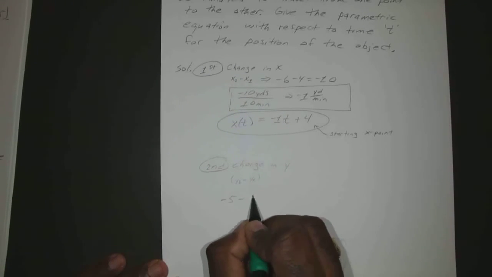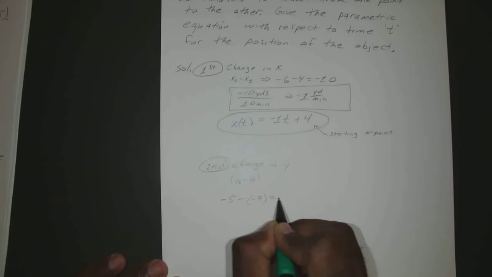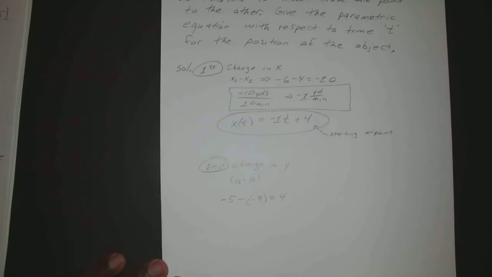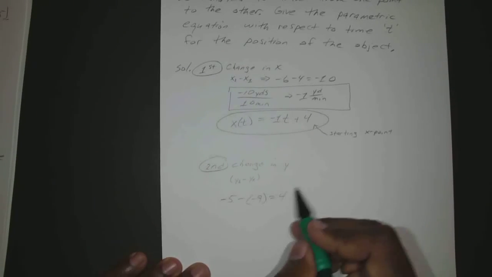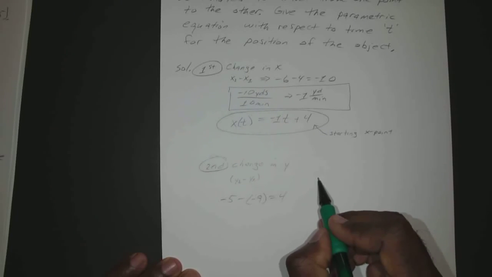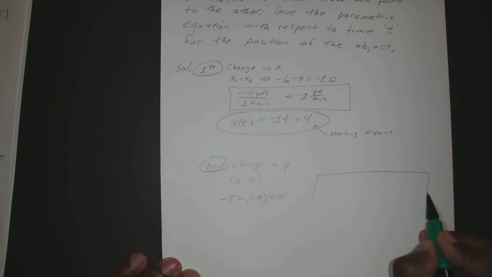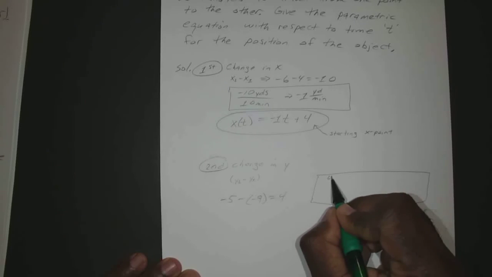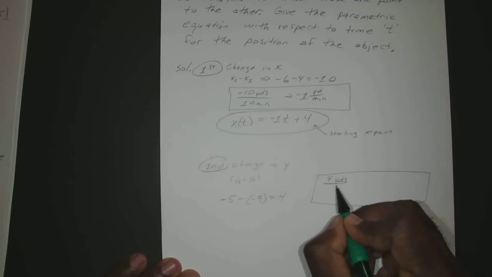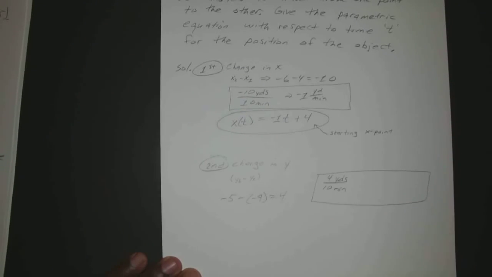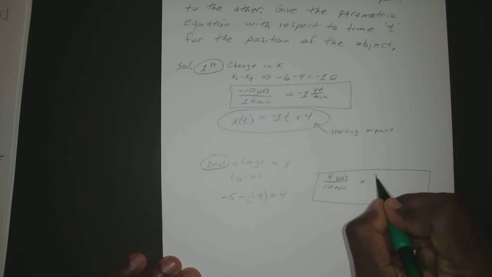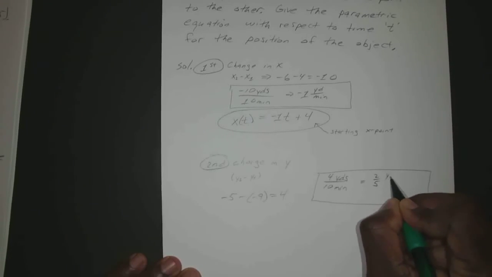So -5 minus -9 is just +4. Okay, so that means we moved 4 yards in 10 minutes, or 2/5 yards per minute.